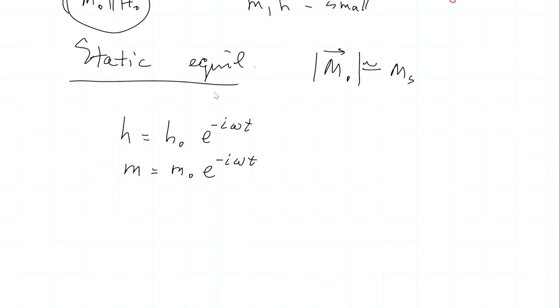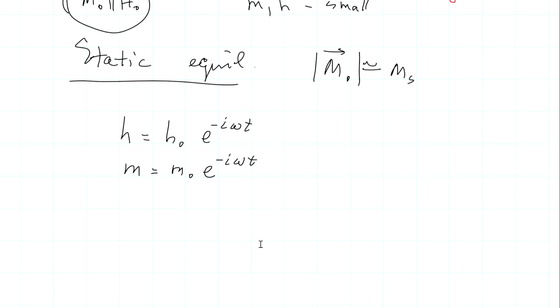So what we imply by writing it this way is that our field oscillates at a certain frequency omega. So we basically shake the magnetic moment with this small field oscillating at frequency omega. And our system is a linear system. So we are looking for the solution in which our magnetization responds at the same frequency, at frequency omega.